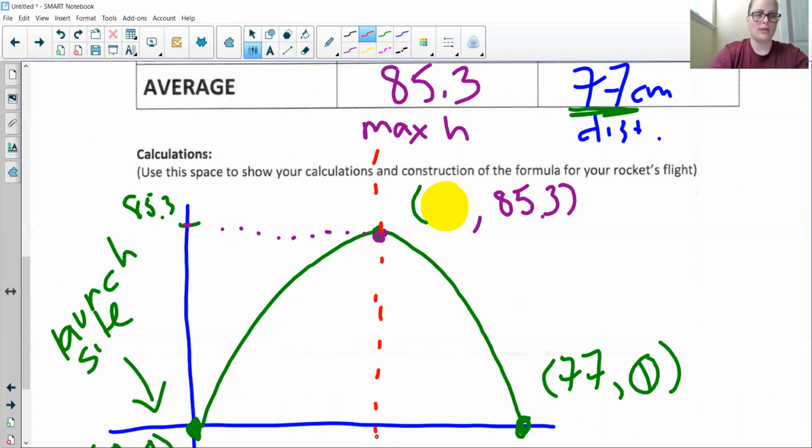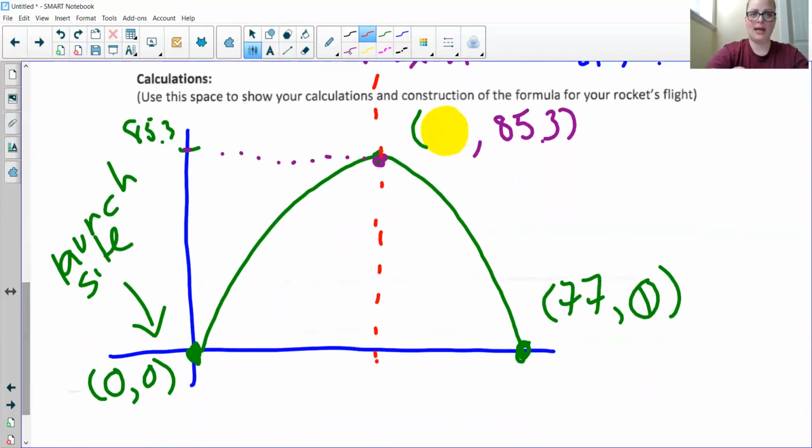And we know that 2 points on a parabola, not on the axis of symmetry, are equidistant to that axis of symmetry.